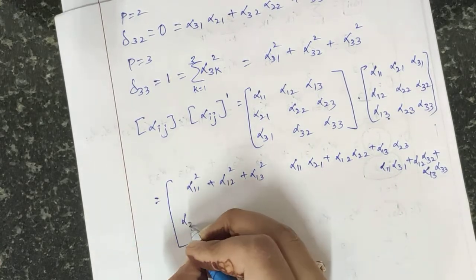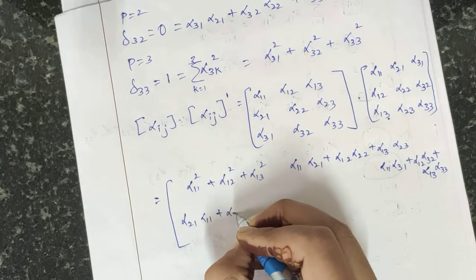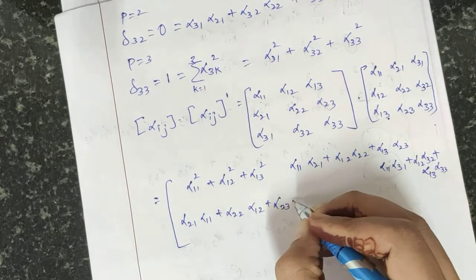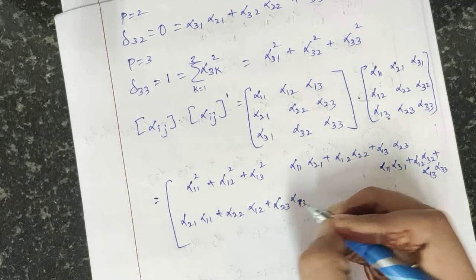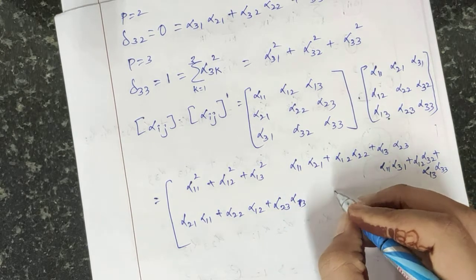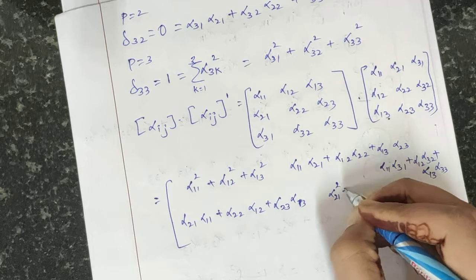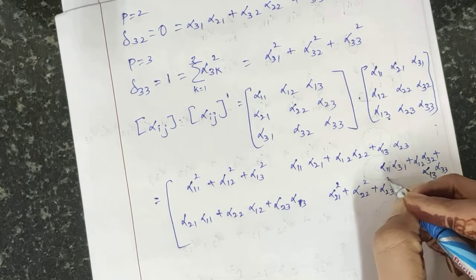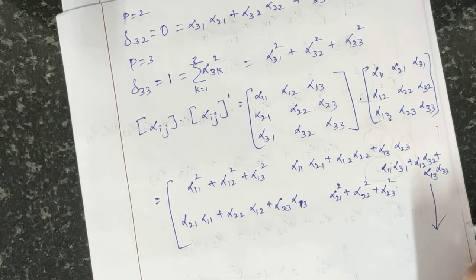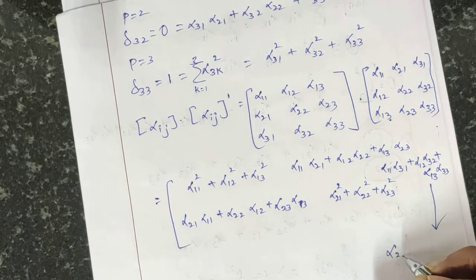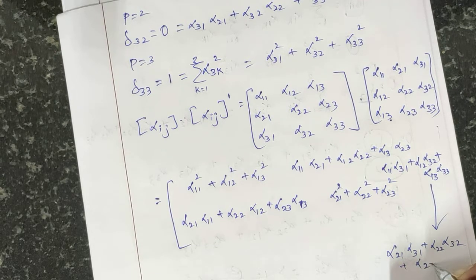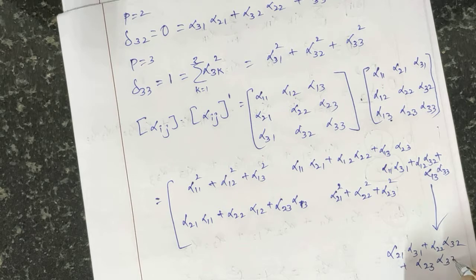Similarly, the second row will be alpha 2 1 alpha 1 1 plus alpha 2 2 alpha 1 2 plus alpha 2 3 alpha 1 3. The second column will be alpha 2 1 square plus alpha 2 2 square plus alpha 2 3 square, and I will write it here, alpha 2 1 alpha 3 1 plus alpha 2 2 alpha 3 2 plus alpha 2 3 alpha 3 3.